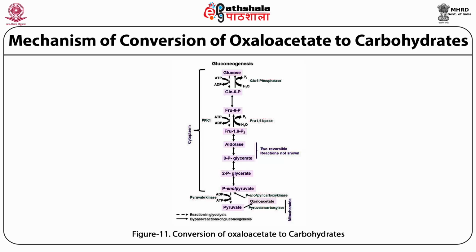Now fructose 6-phosphate is converted into fructose 1,6-bisphosphate. The reaction is catalyzed by phosphofructokinase. This fructose 1,6-bisphosphate is converted into 3-phosphoglycerate, then 2-phosphoglycerate, and ultimately it finds its way into pyruvate.